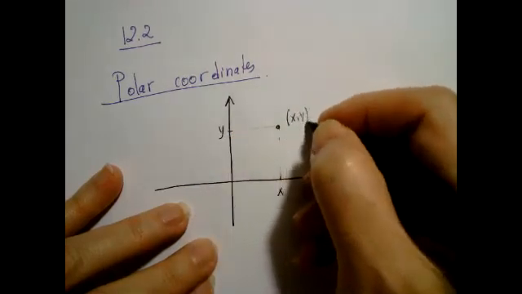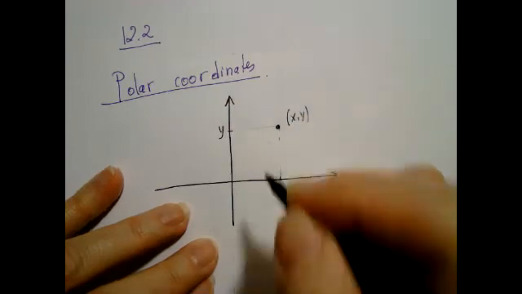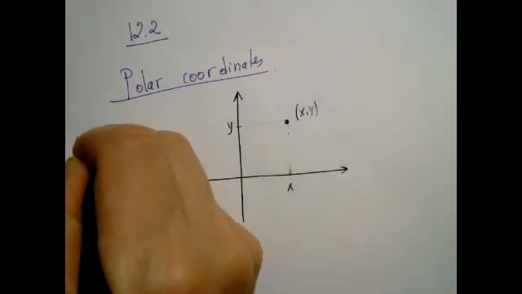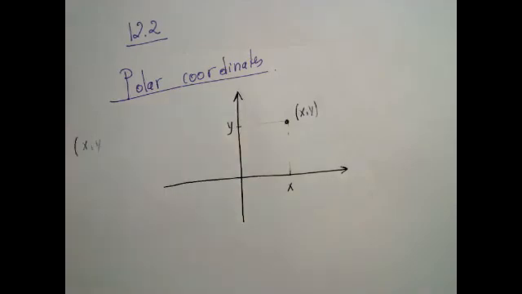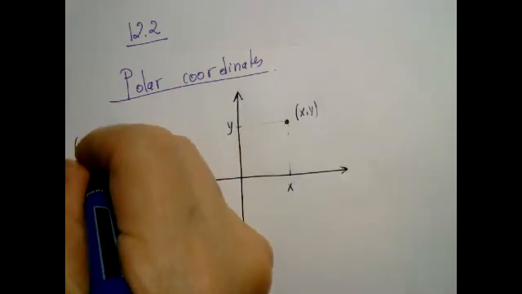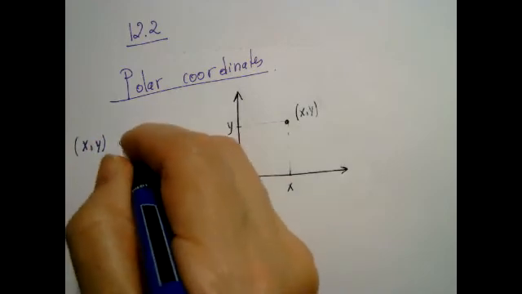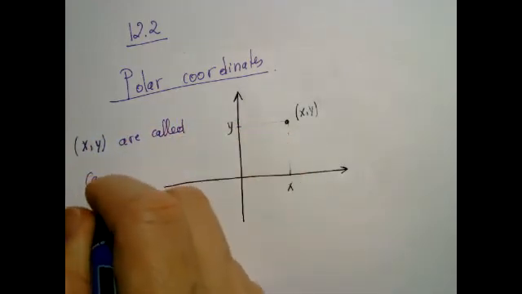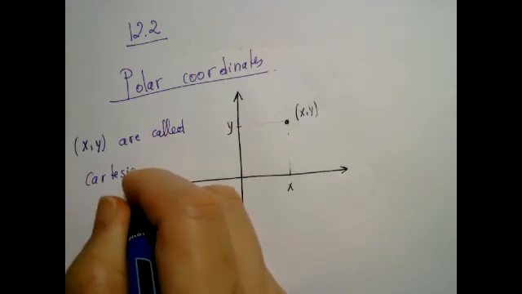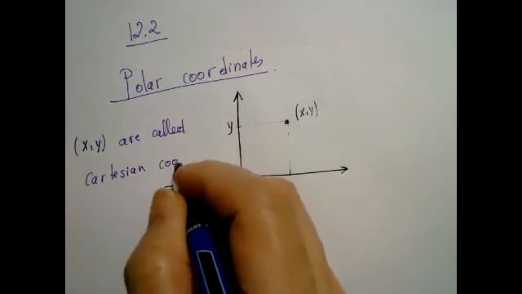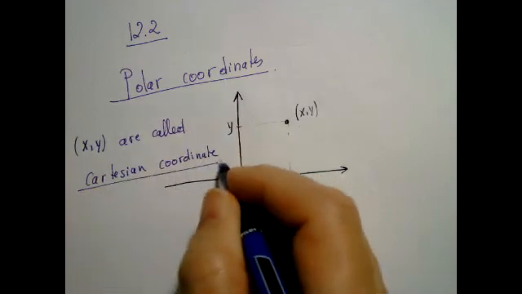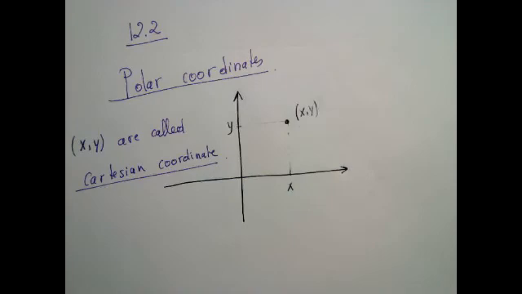I tell you x is 2, y is 3, I tell you where the point is. x and y are called the Cartesian coordinates.